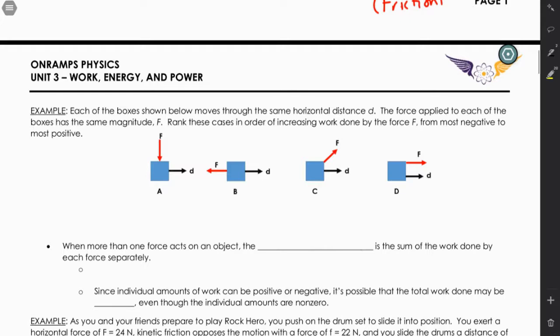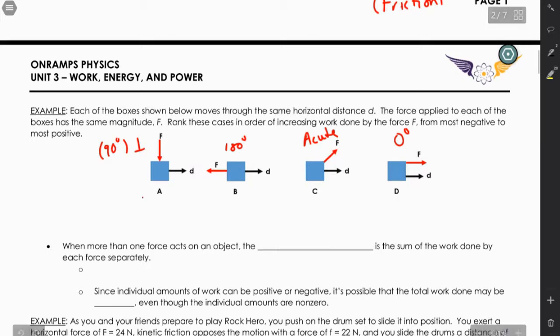Okay, so the way we want to look at it is how the angle affects the force. So this is a perpendicular angle. This is 180 degrees. This is an acute angle, so we're between 0 and 90, and this is 0 degrees. And so we can look at how this does.